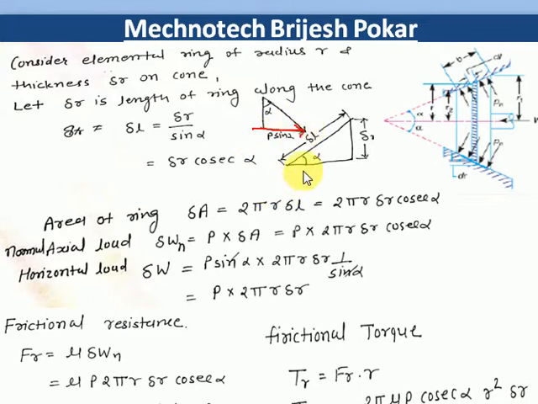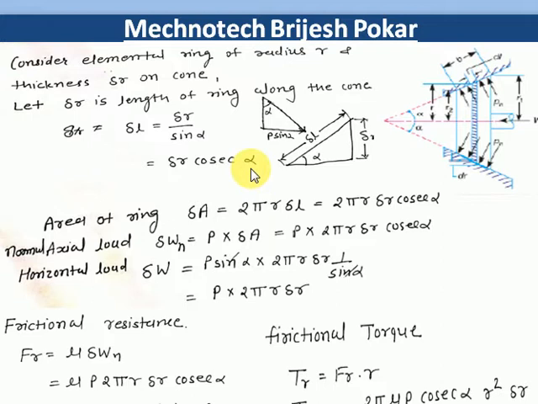In a plate clutch we consider delta r, and in this cone clutch we consider delta L. Sine alpha is equal to delta r upon delta L, so delta L is equal to delta r upon sine alpha. Finally, delta L is equal to delta r cosec alpha.